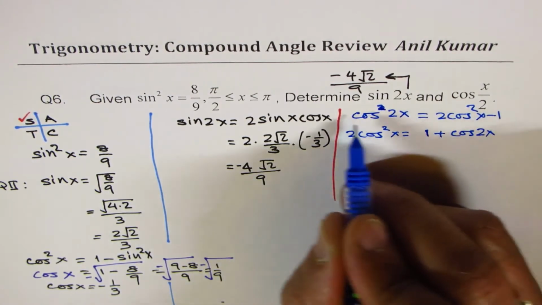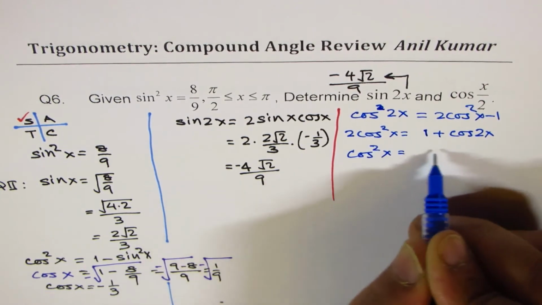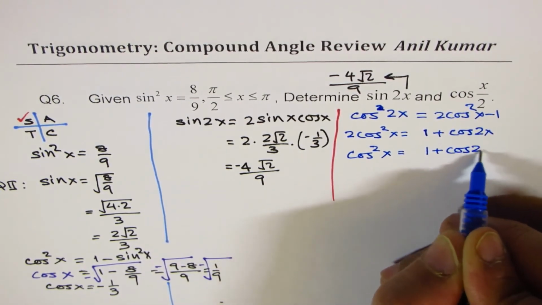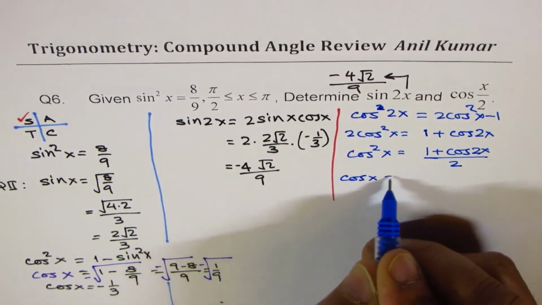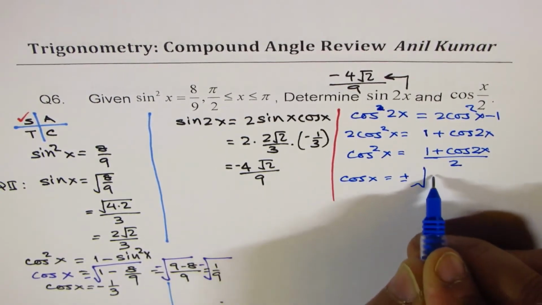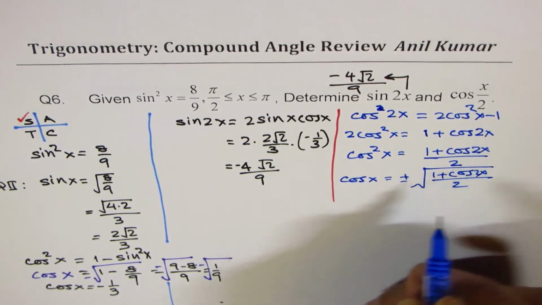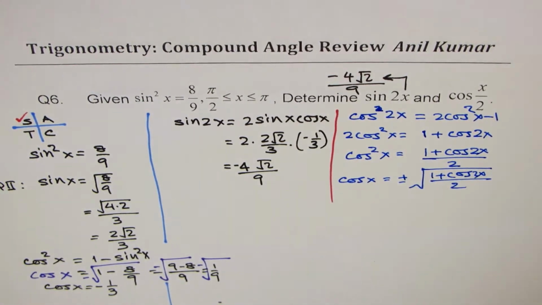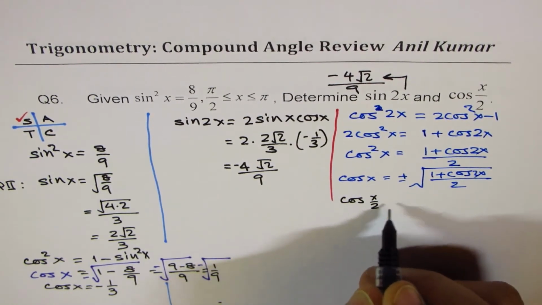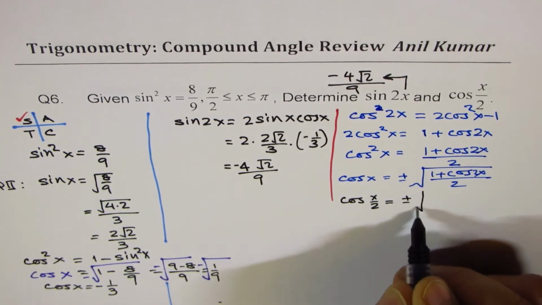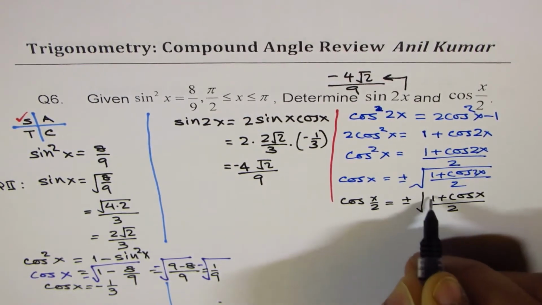We are taking this 1 to the side, and so we get this. So cos square x is equal to 1 plus cos 2x divided by 2. And we can write cos x as equal to plus minus square root of 1 plus cos 2x over 2. We could also write the same thing in x by 2. So we could write cos x by 2 equals plus minus square root of 1 plus cos x over 2. Right?